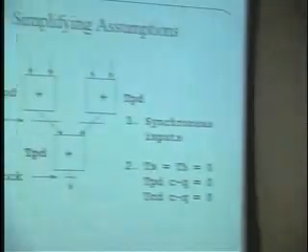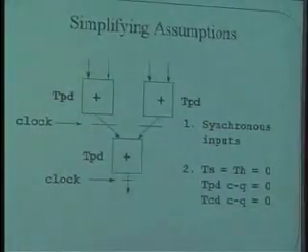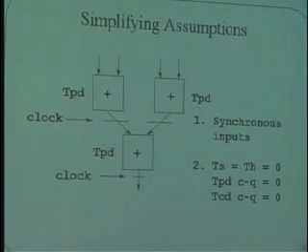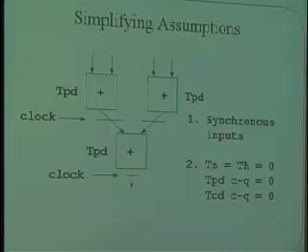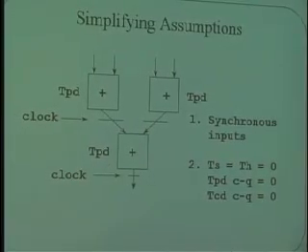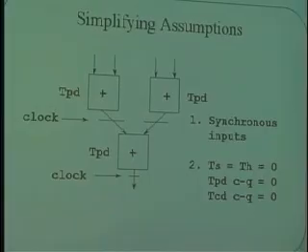And we assume in general when we're doing a circuit like this in class that the propagation and contamination delays of the registers are 0 as well. Of course, when you design a real circuit like this, you have to add the propagation delay of the registers to the propagation delay of the logic that's in between the registers.